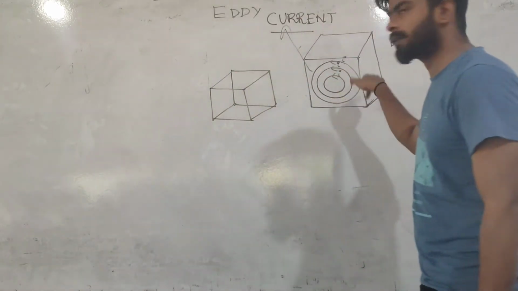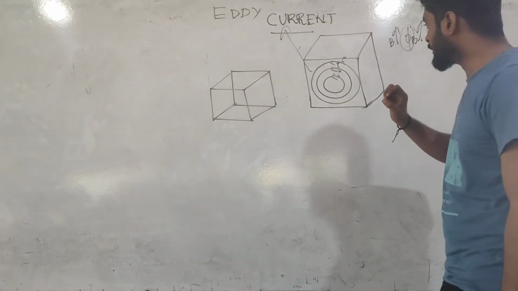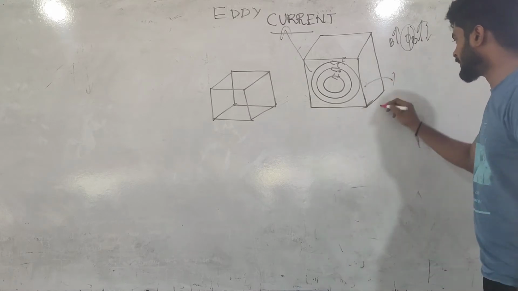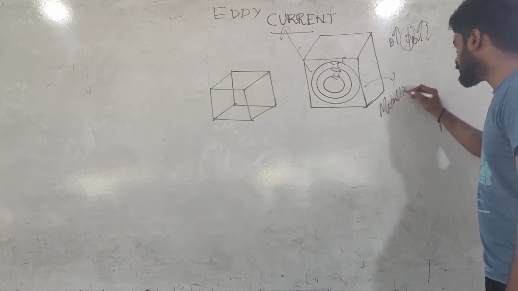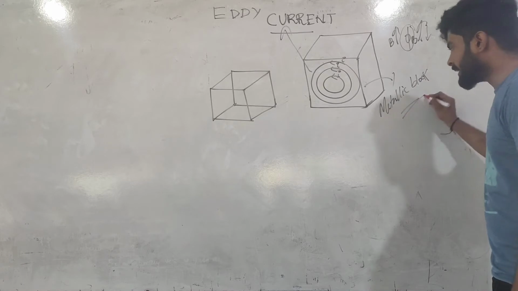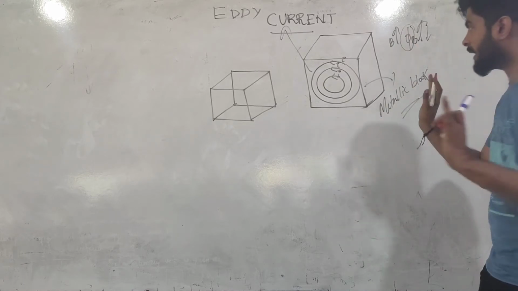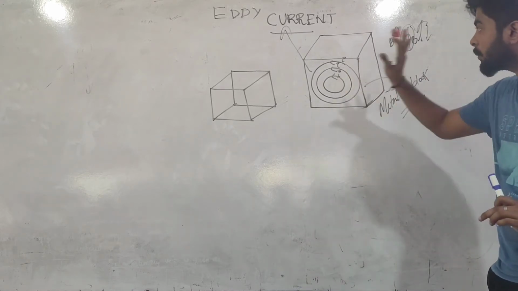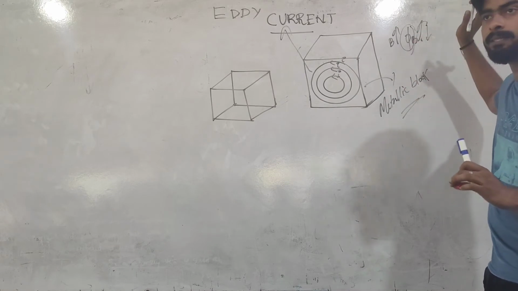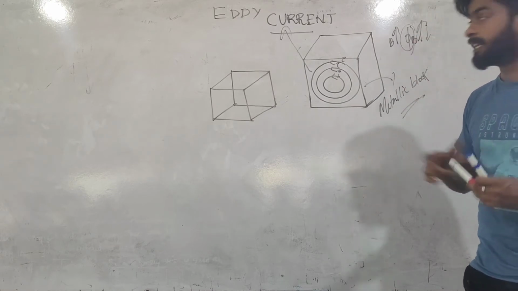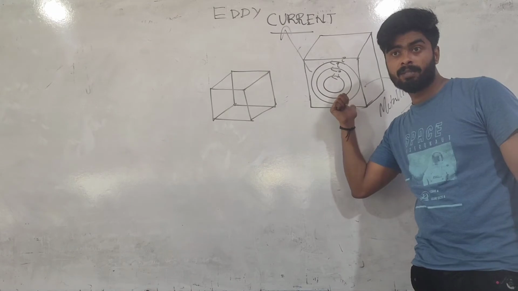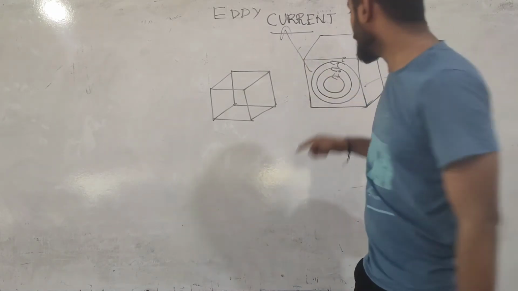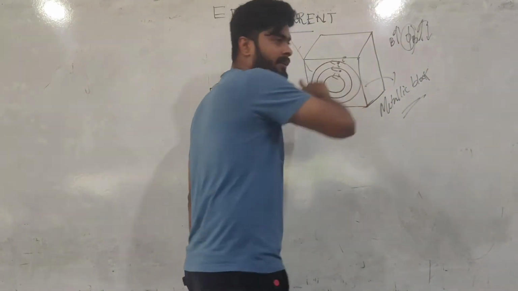So eddy means circular. Whenever a metallic block is placed in changing magnetic flux, or whenever the magnetic flux linked with a metallic block changes, what will happen? An induced EMF will be produced, which results in induced current. That induced current will be circulating currents.